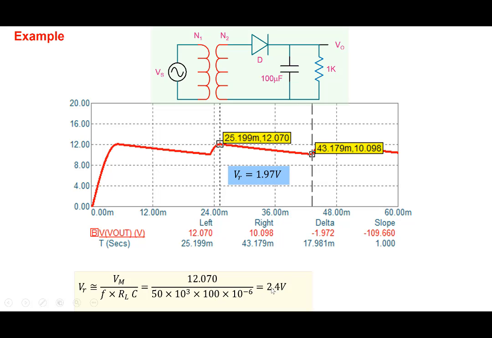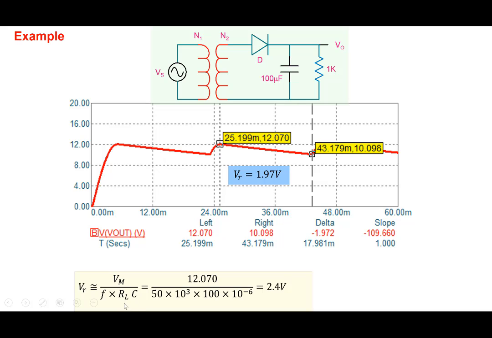So we have a little bit of error because, as we discussed, there's a little bit of error involved here, and that's why the value departs from the actual measured value, but it's reasonable as a first approximation of the ripple voltage. More importantly, it shows from a design point of view what ripple depends on.